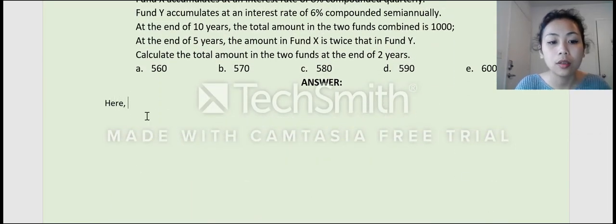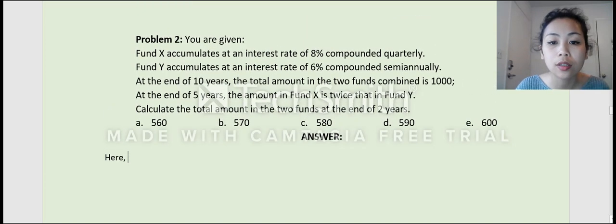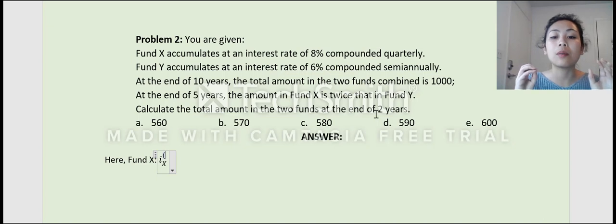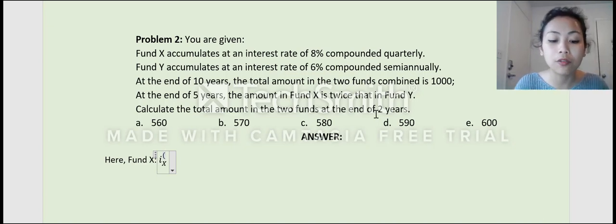Here we have the first information giving you fund X, using the nominal rate, that is I'm going to call I script X of quarterly. So that means that the money is compounded 4 times a year.